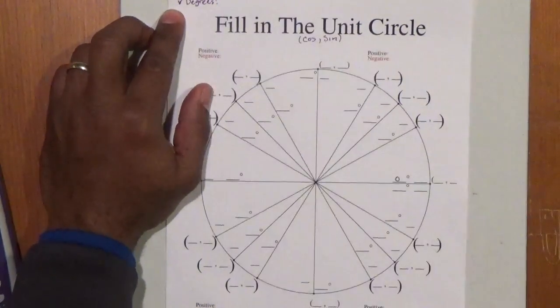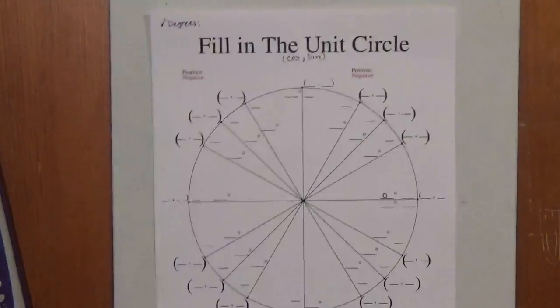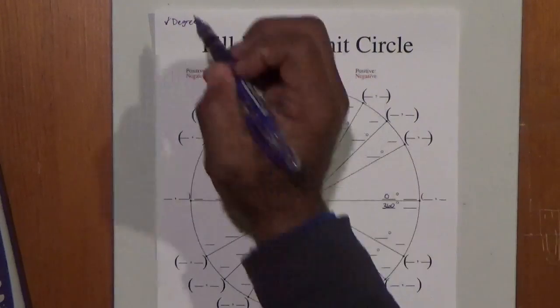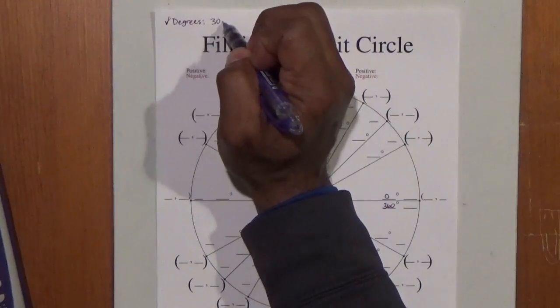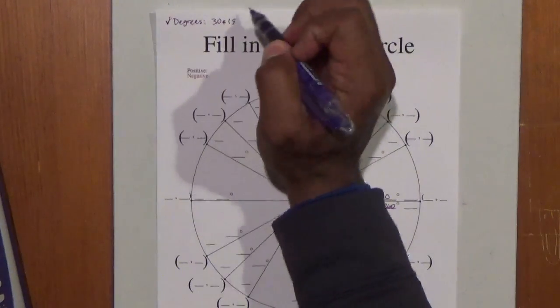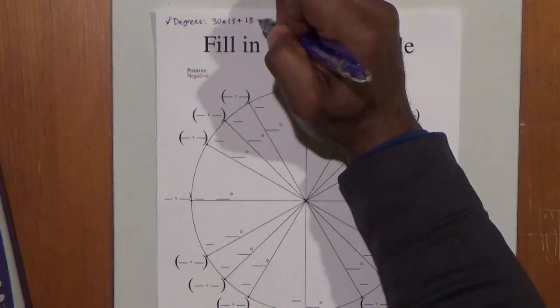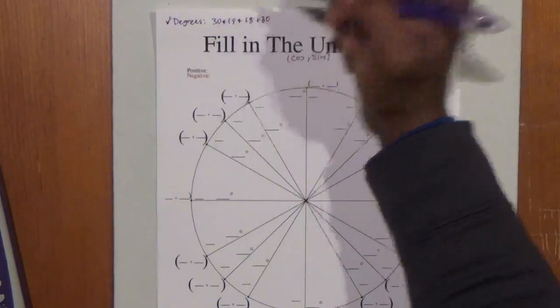When we're doing our degree values to get all the way around, from 0 to 360, we say 30 plus 15 plus 15 plus 30.